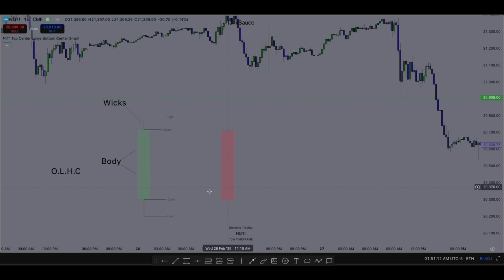So on a bearish candle or down close candle, the open is going to be at the top of the body, right? The high is going to be the next thing that forms generally, because we're going to open here. We're going to move up a little bit first to create that wick. Then we're going to move down. The low would come after the high.